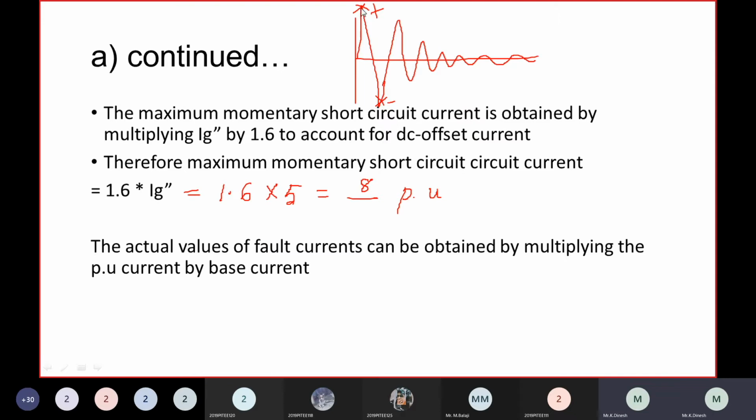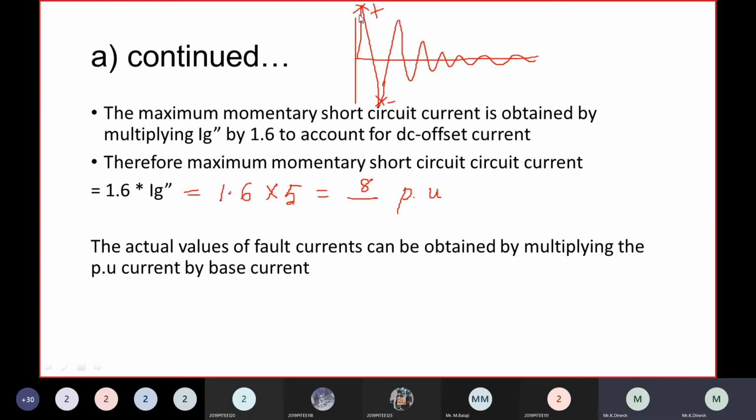This is the maximum momentary current I mentioned. For the initial rise of your voltage or current, you may have the maximum peak value, positive peak and negative peak, so obviously this current causes a lot of impact on the power system.